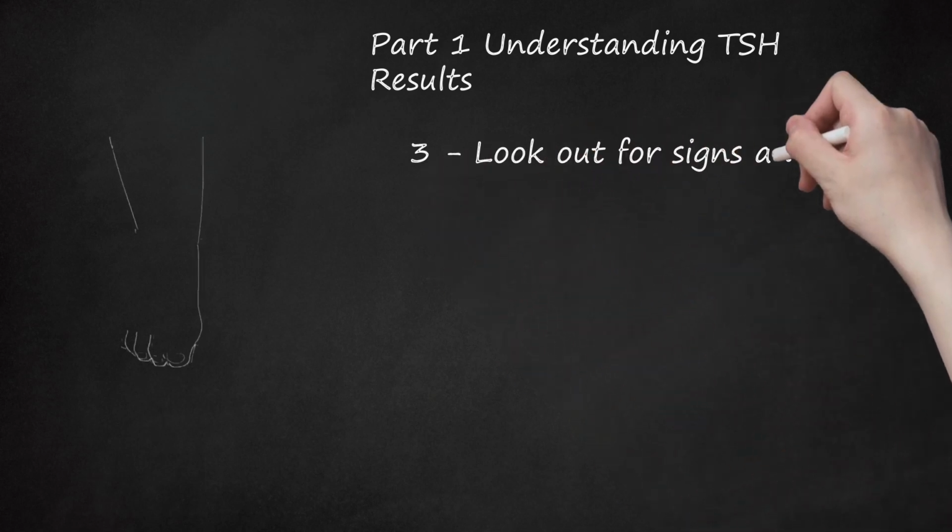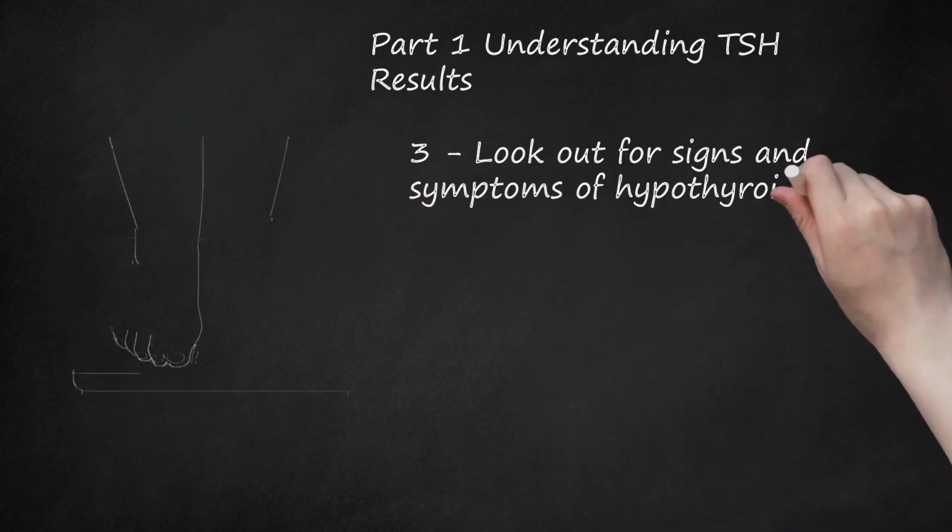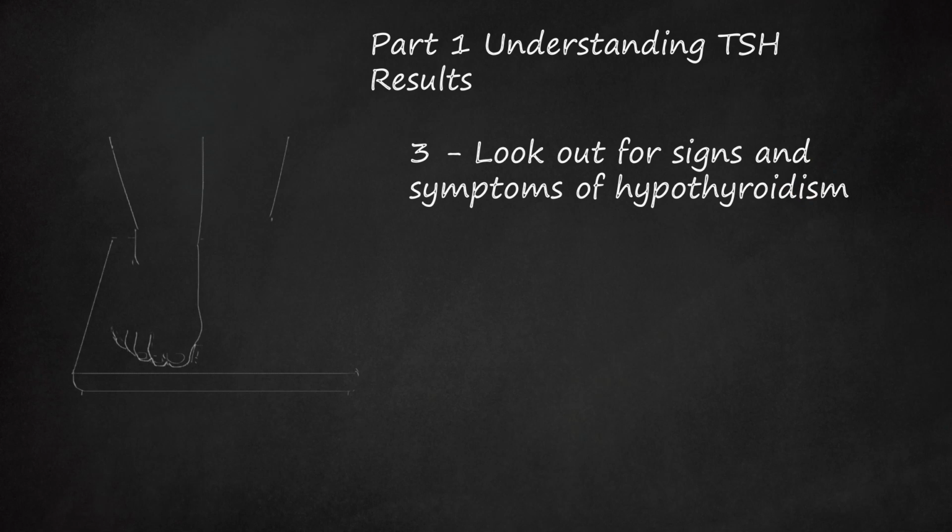3. Look out for signs and symptoms of hypothyroidism. In addition to a high TSH reading, hypothyroidism also presents with many clinical indications. Tell your doctor if you are experiencing any of the following signs or symptoms, which may be suspicious for hypothyroidism.